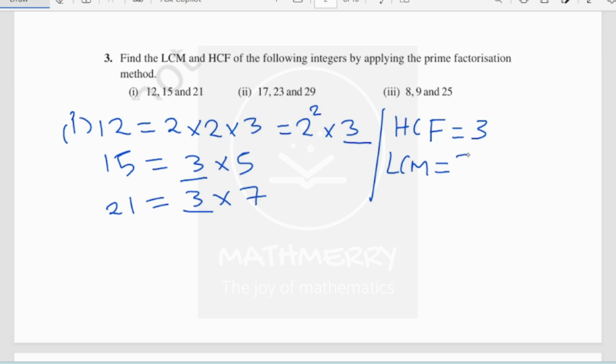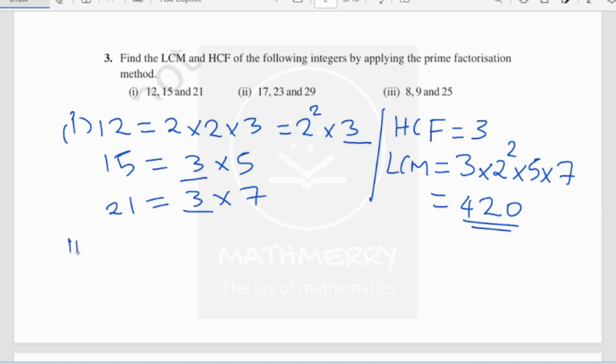So that's 3 raised to 1 itself. Now we can multiply with all the other factors. So 2 square into 5 into 7. So that's equal to 420. So that's our LCM and HCF.